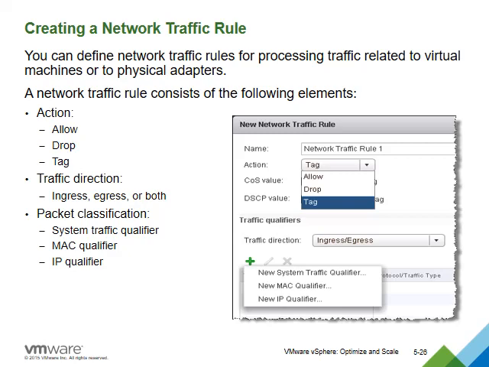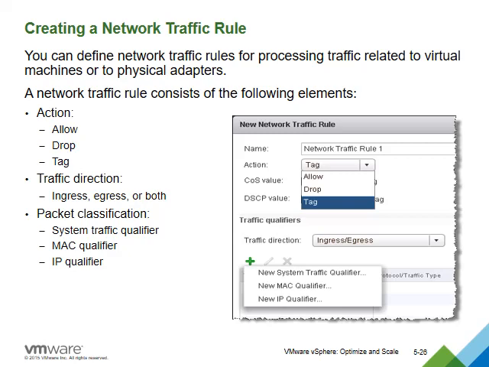Creating a network traffic rule. You can define network traffic rules for processing traffic related to virtual machines or to physical adapters. We have an action, and we can choose whether we want to allow, drop, or tag it. The direction we can go: ingress, egress, or both. Again, that's another difference between standard and distributed virtual switches.